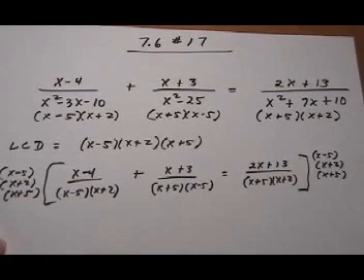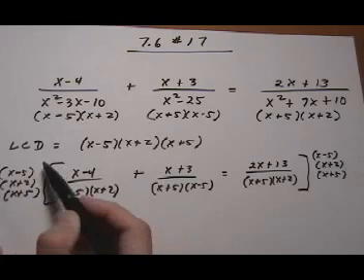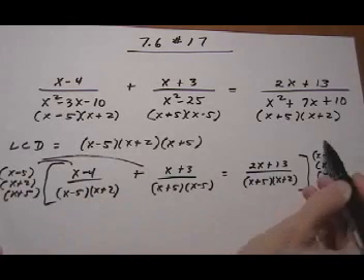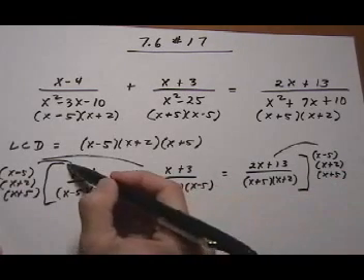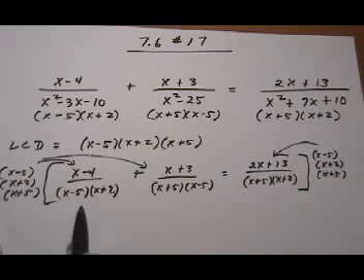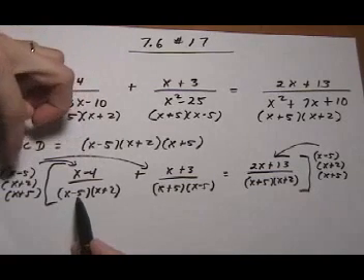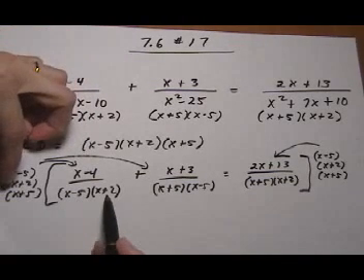And what we need to do now is give each separate fraction the LCD as a multiplier. And what's going to happen is that we're going to get cancellation. So when this first fraction multiplies by the LCD, the x minus 5 and the x plus 2 cancel out.